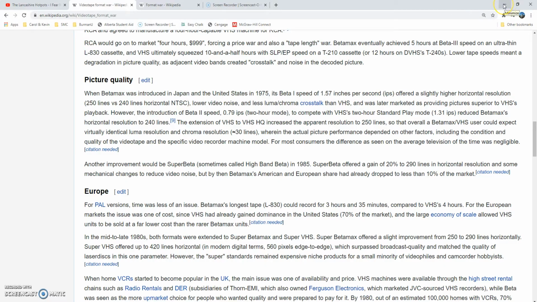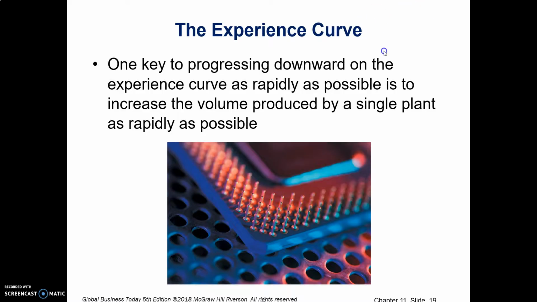So VHS won out because they were able to produce a video tape that was able to play longer, and then when they had that, they mass produced it and actually enabled other manufacturers to produce the actual player.